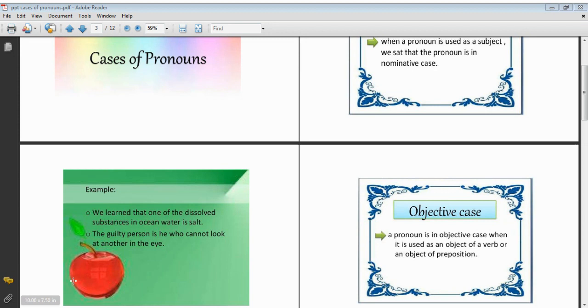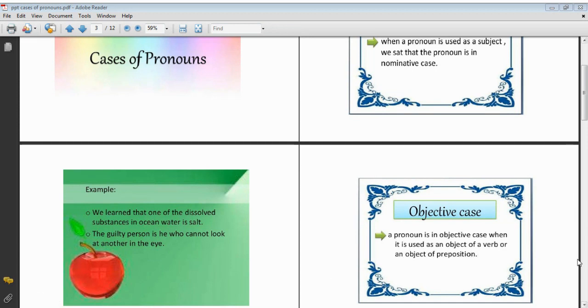If "he" is underlined in this sentence, it is in the nominative case because it has been used as a subject pronoun. So all the pronouns used in the subjective case, and the other name of the subjective case is nominative case.